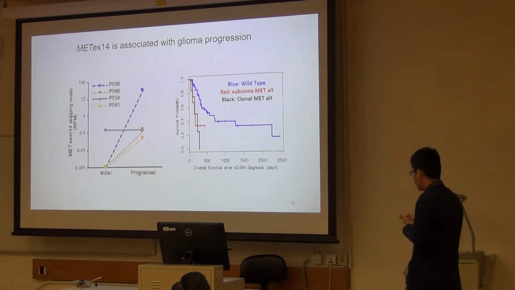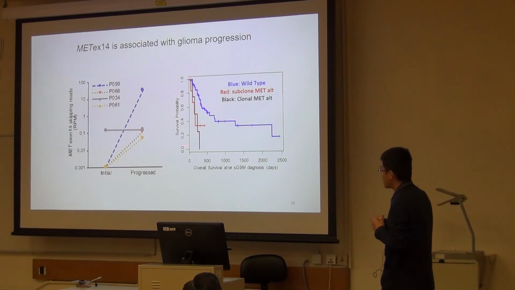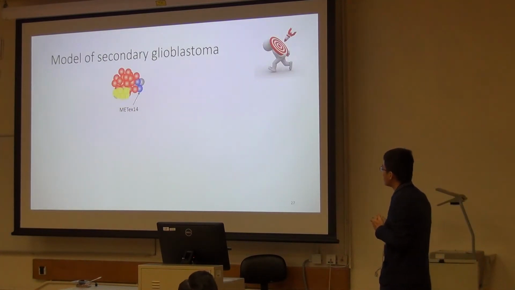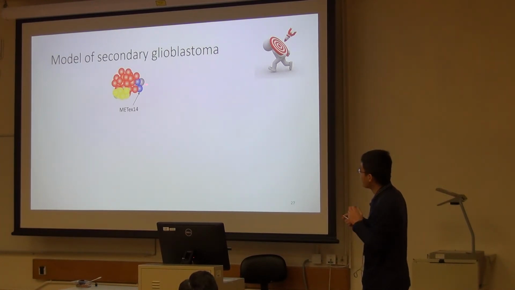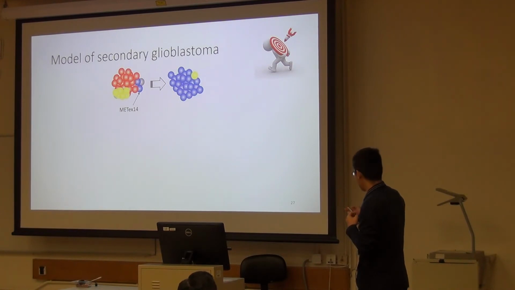So with this logic, we can also check the survival of the patients. It doesn't matter if the patient has a clonal mutation or subclonal mutation in MET, the patient will invariably have a worse survival. With this idea, we think that this MET exon 14 is actually this blue mutation. So with a very small clone, but during the treatment at the recurrence, the blue cell will become dominant eventually.